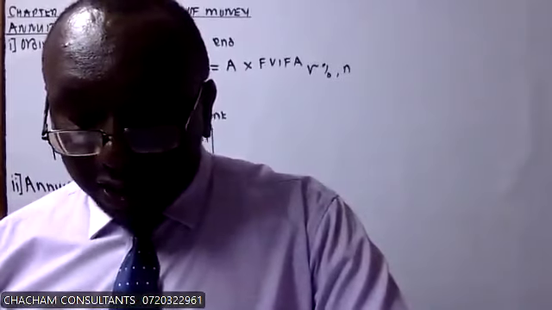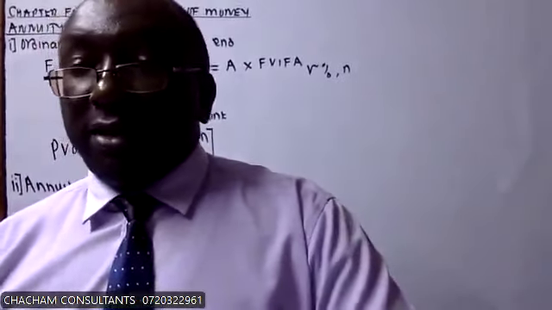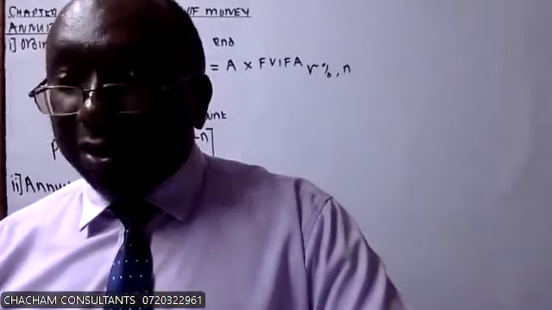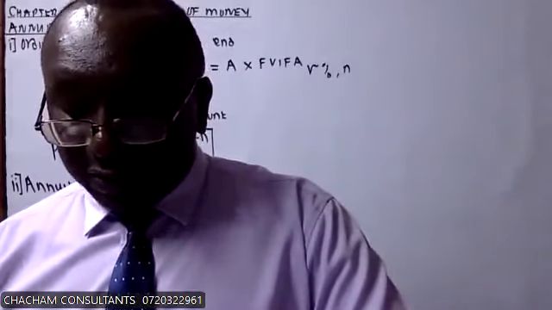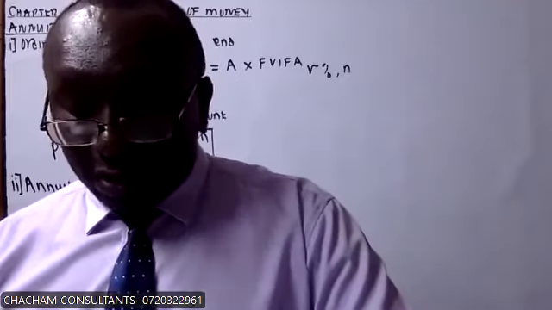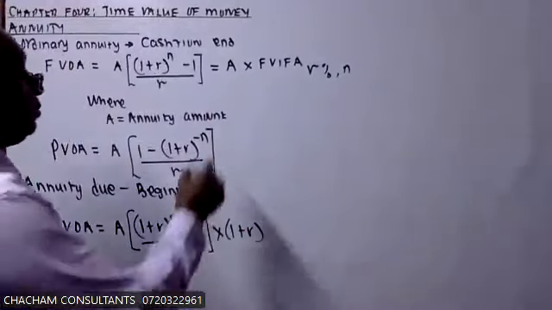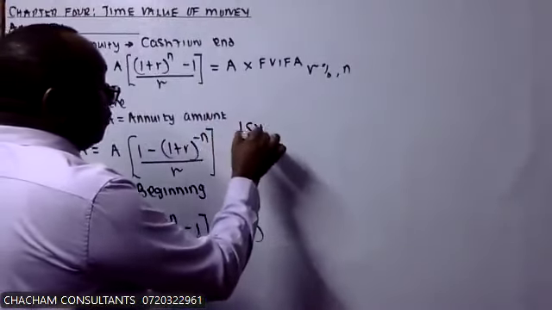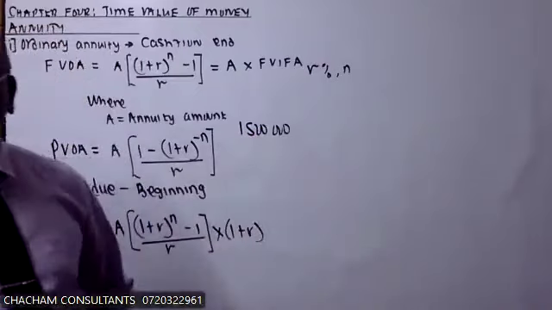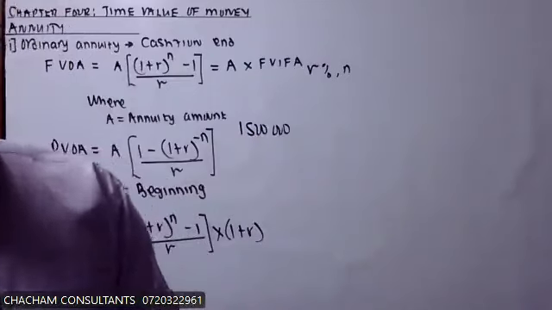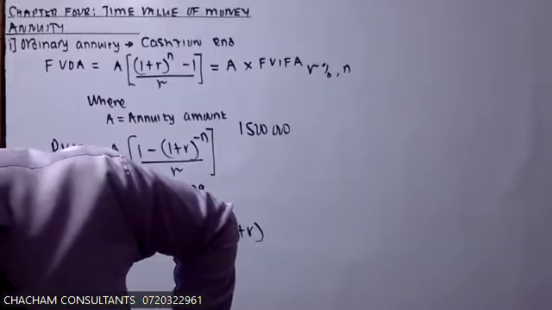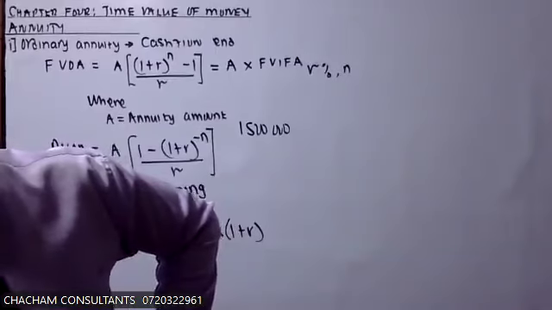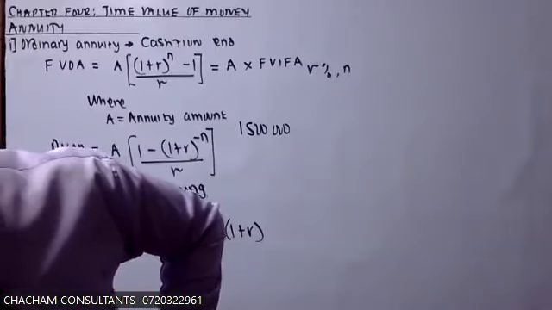And you write, an employee has decided to deposit Kenya shillings 1,500,000 per year into a retirement benefit scheme for the next 6 years.